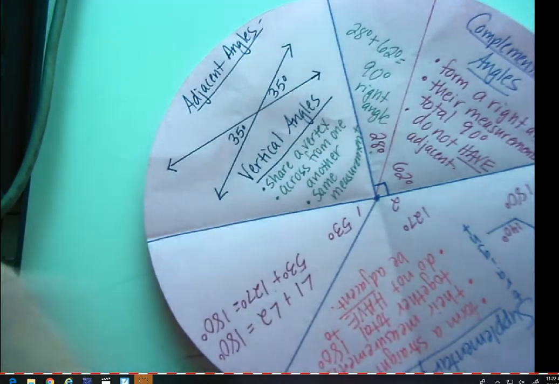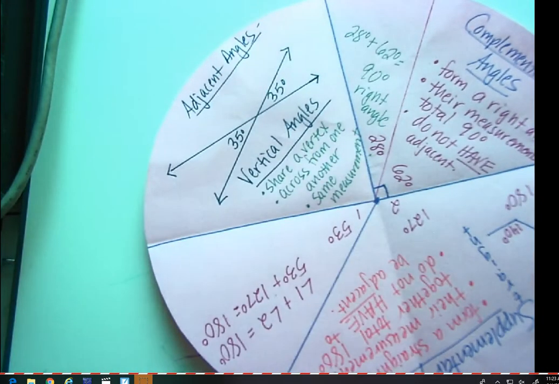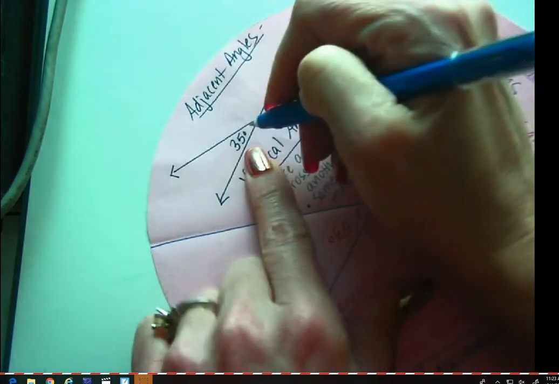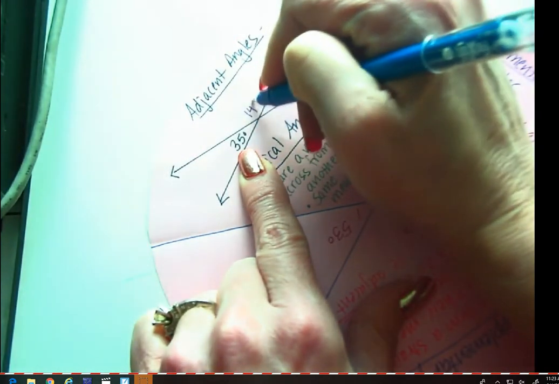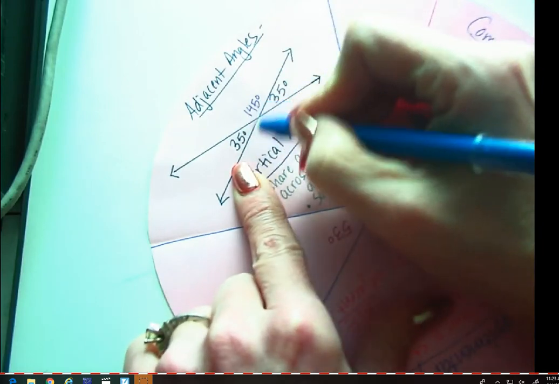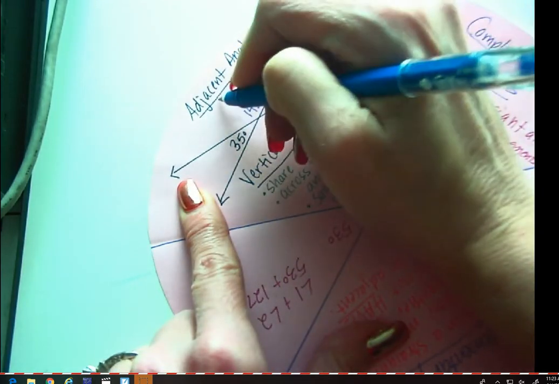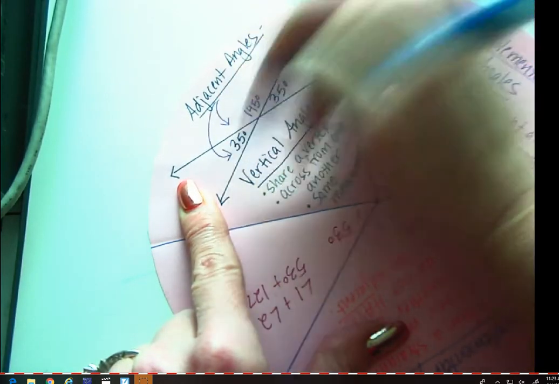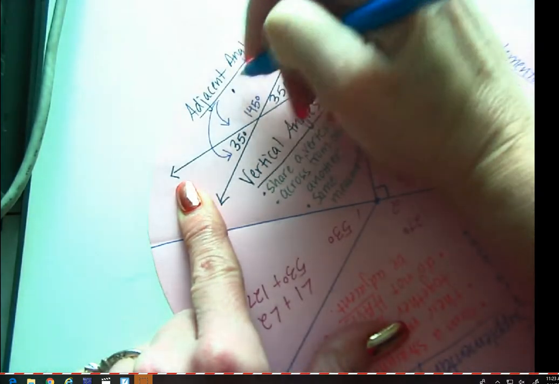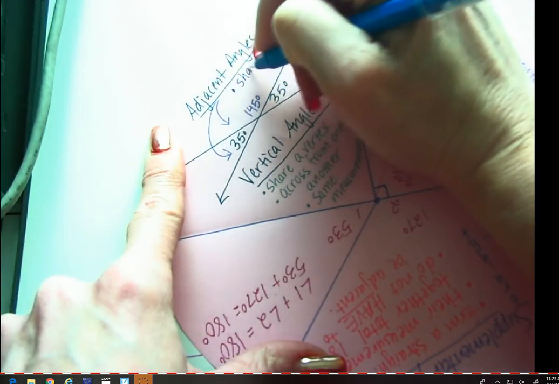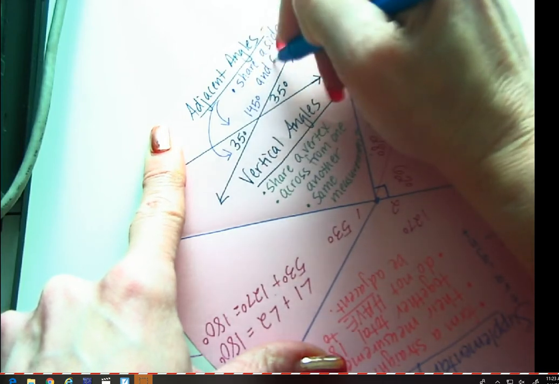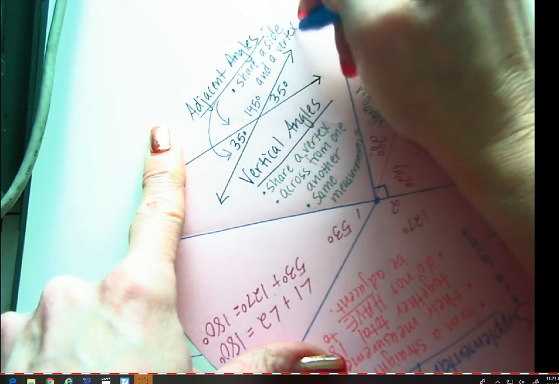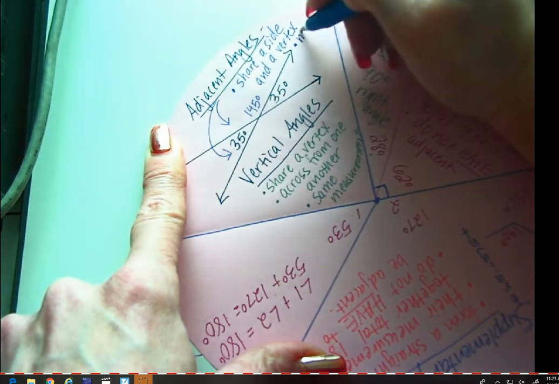So we could say that if this is 35, I know that this angle here is 145. And those two angles there, these are adjacent angles. Okay, they're adjacent because they share a side and a vertex. They're next to each other.